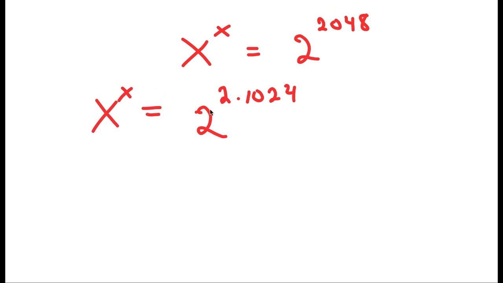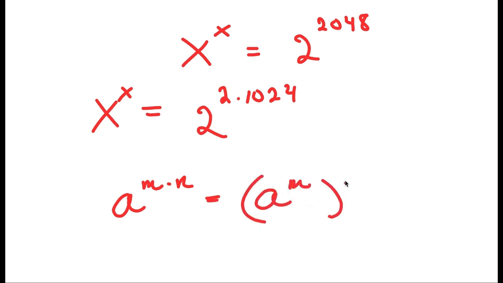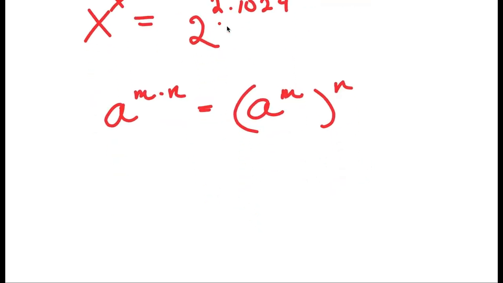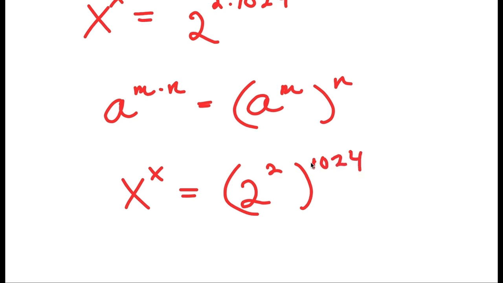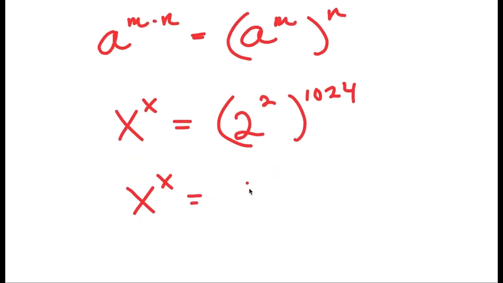So x to the power of x is equal to 2 times 1024. And if I have something in the form a to the power of m times n, this is equal to a to the power of m to the power of n. So I can rewrite this as x to the power of x is equal to 2 to the power of 2 to the power of 1024, which is equal to 4 to the power of 1024.